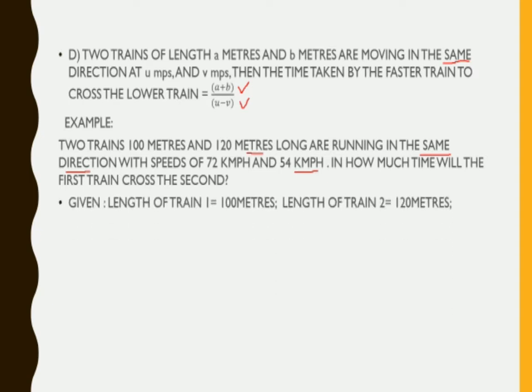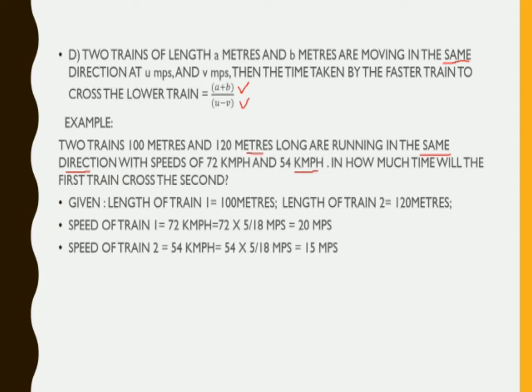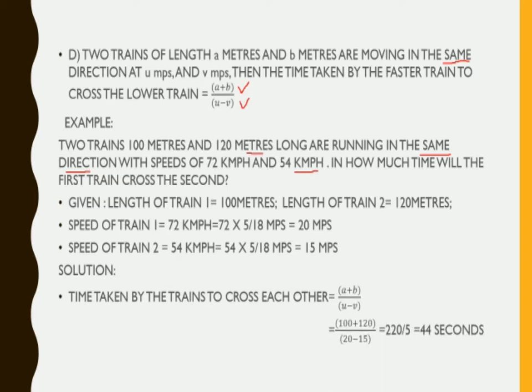The time taken by the trains to cross each other is a plus b divided by u minus v. We have applied all the data in this formula and we are getting the answer as 44 seconds.